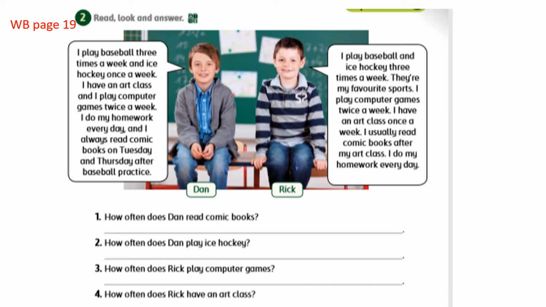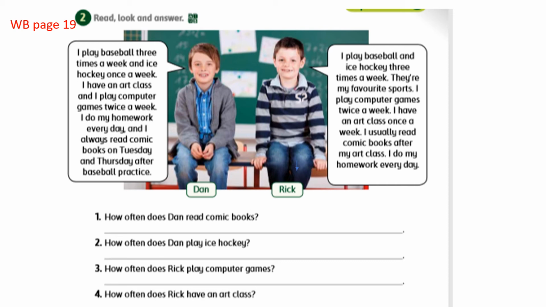He has an art class once a week. I usually read comic books after my art class. So he reads comic books once a week. I do my homework every day.